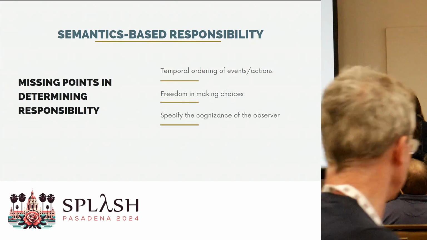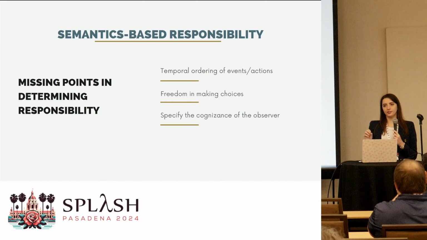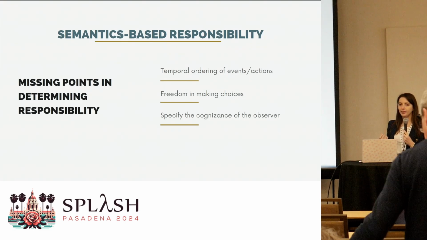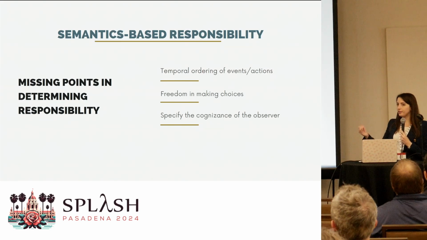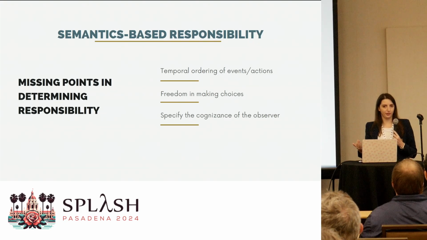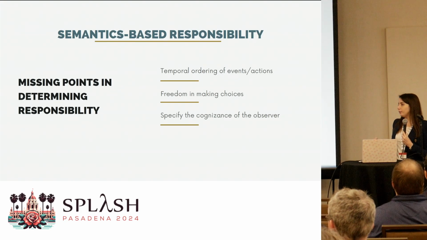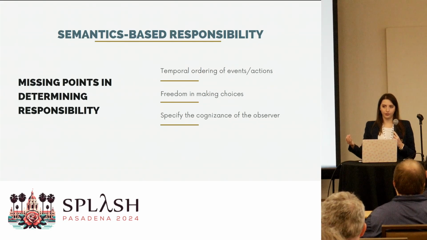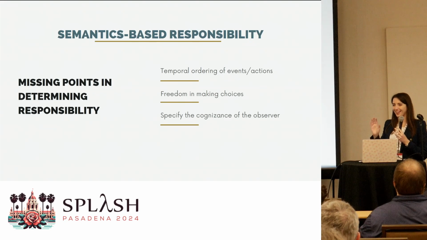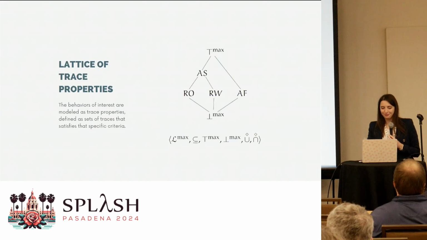And lastly, the three methodologies seen before implied an omniscient observer, namely an observer that could see all execution steps in a program. So it could be useful also to analyze an observer that couldn't see all the execution steps in a program.